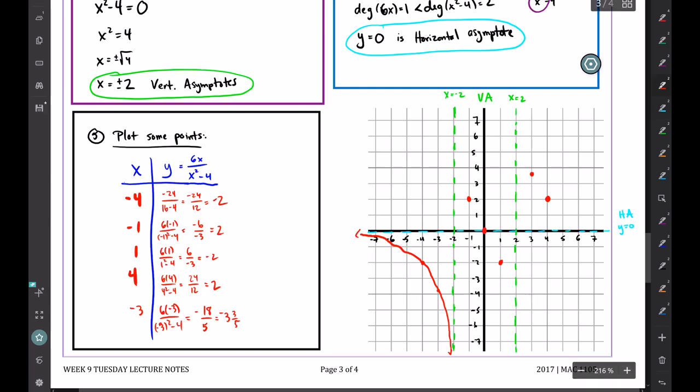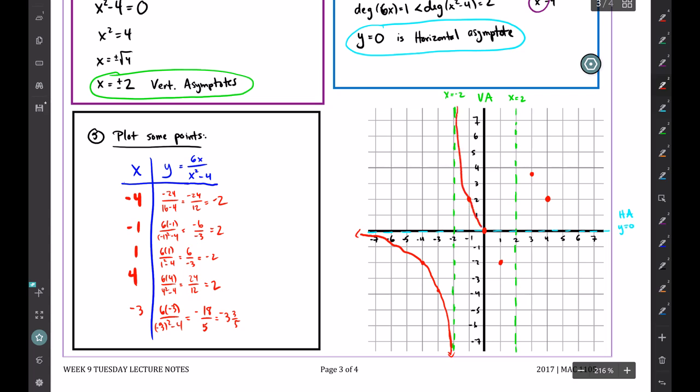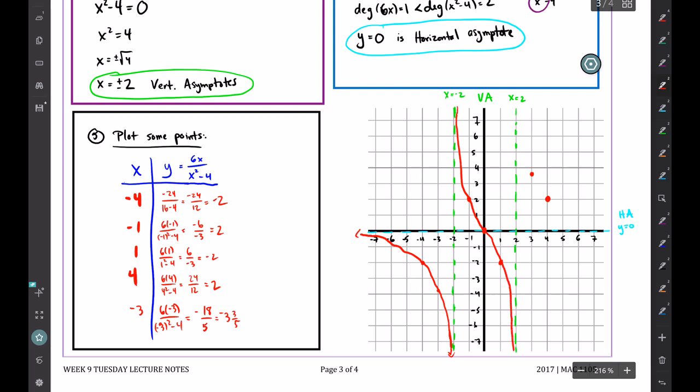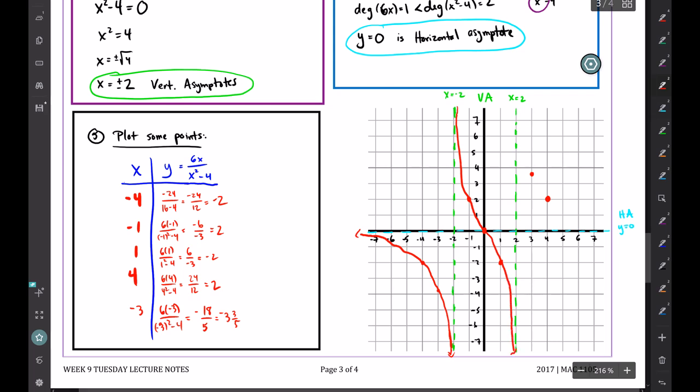It has a vertical asymptote at x equals -2, and so it does something like this. Then again, you have a vertical asymptote at x equals 2, and it jumps from positive to negative. And finally, it starts approaching my horizontal asymptote again, which is y equals 0.